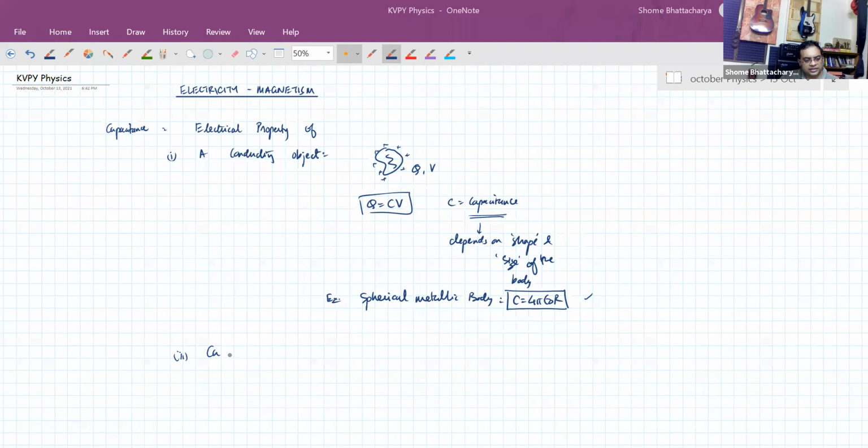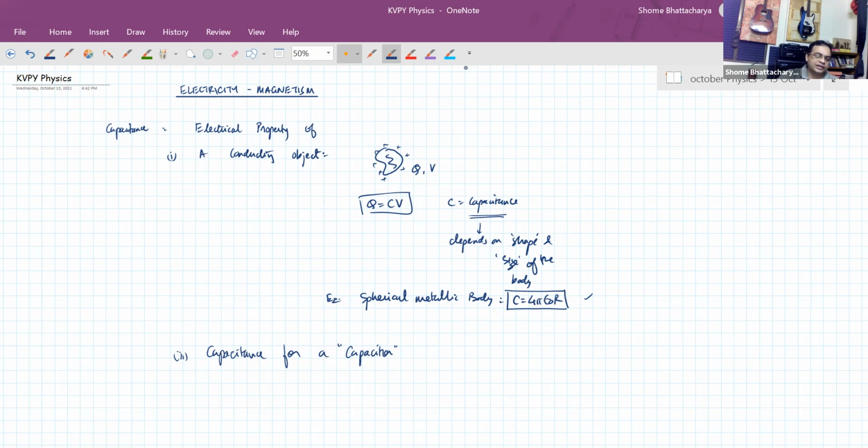Okay, now the second thing is capacitance defined for a type of device called a capacitor. You might have heard of capacitors. They are common components in electrical circuits, like you have a capacitor in a fan's regulator circuit, or in a tube light circuitry, or in anything to do with a compressor like an air conditioner or a refrigerator, there will be capacitors.